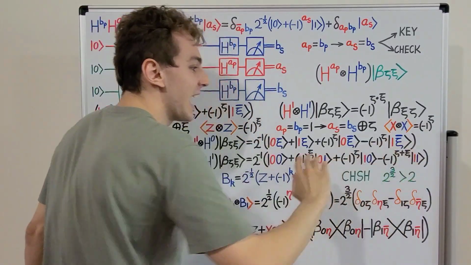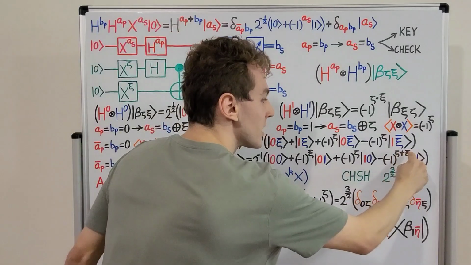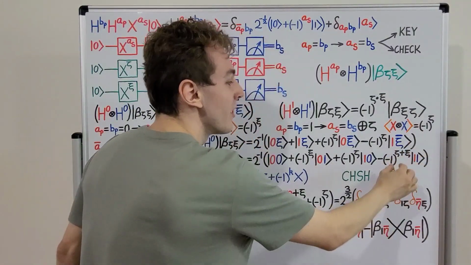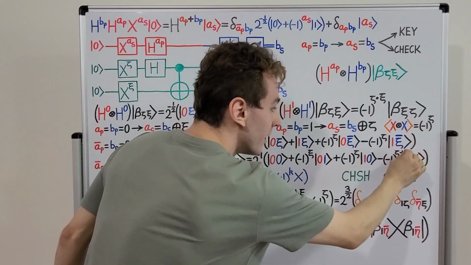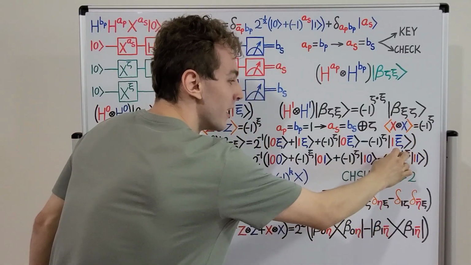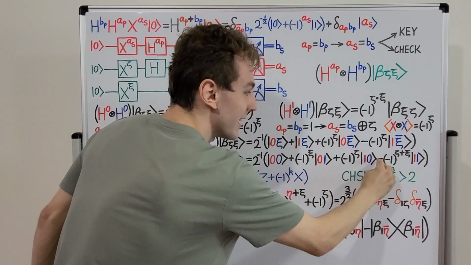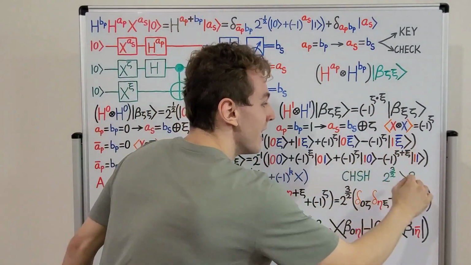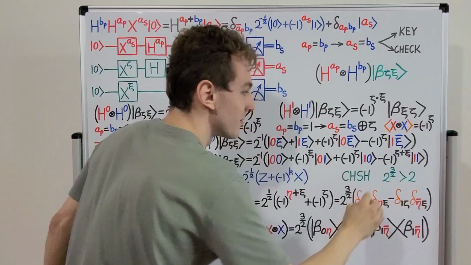But what if zeta and xi have different values? If we have 0 plus 1 or 1 plus 0 present over here, that means we're going to have minus 1 to the power of 1, which activates this minus 1, and that multiplies with this minus sign, and that gives us a plus sign. And in that case, we're going to have a plus sign in front of this 1, 1 state.